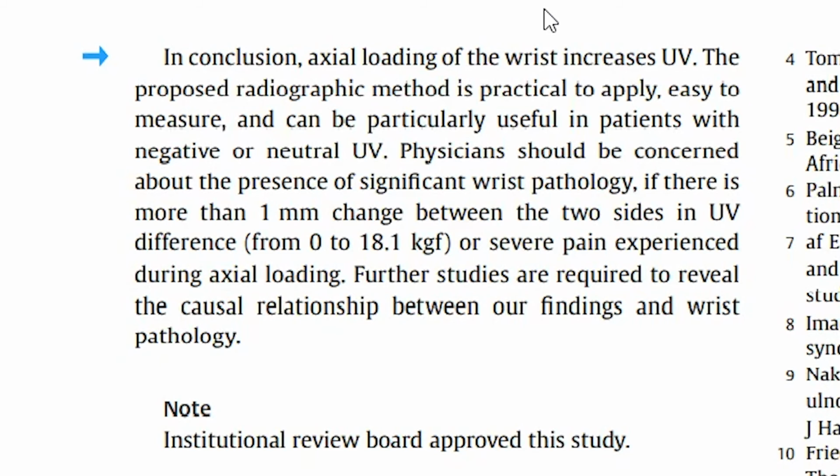What it says is that if there's more than a 1 millimeter change between the two sides in ulnar variance, or severe pain with axial loading, then TFCC pathology is likely.